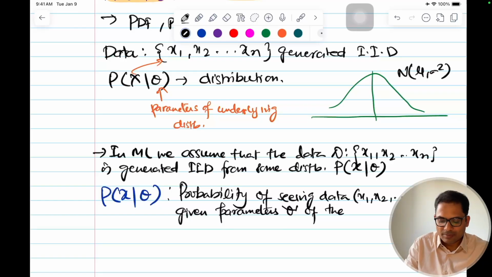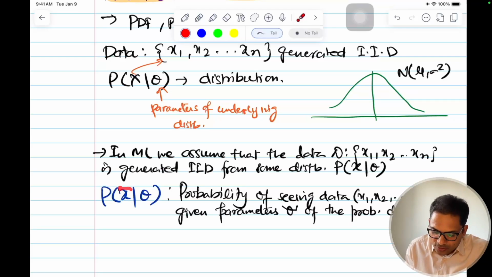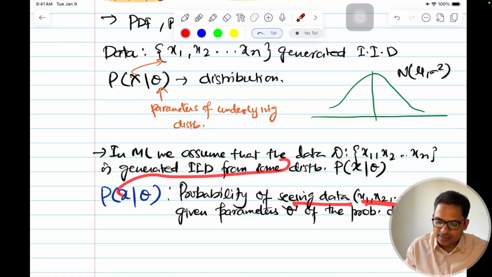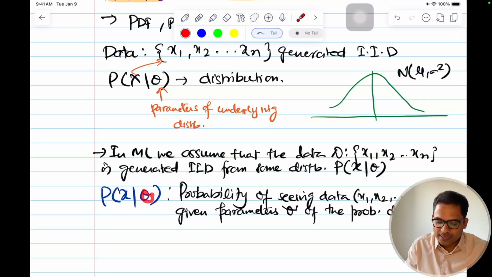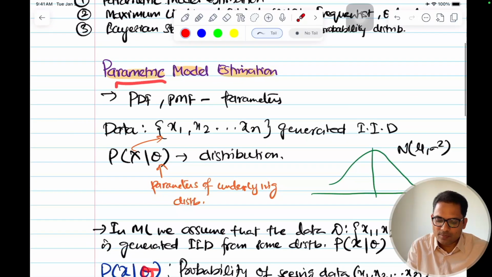This is how we read it in English: probability of seeing x, that is our data, given the parameters theta of the probability distribution. This is what it means. And we want to estimate this theta. This is what parametric model estimation is.